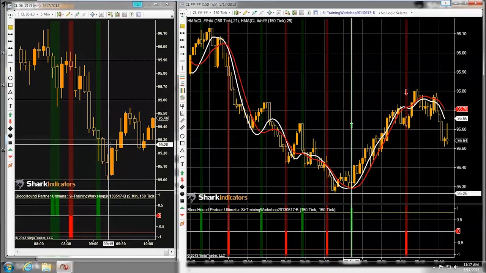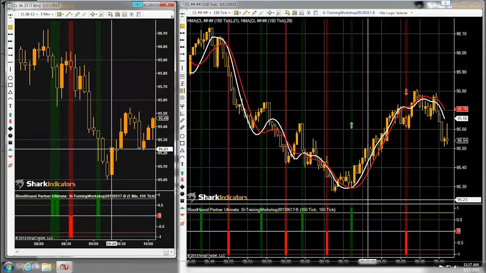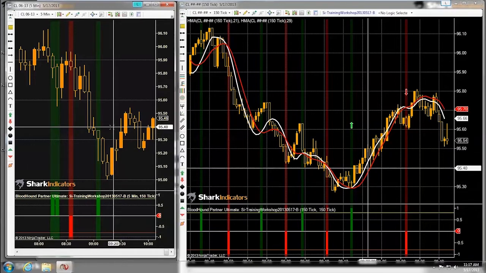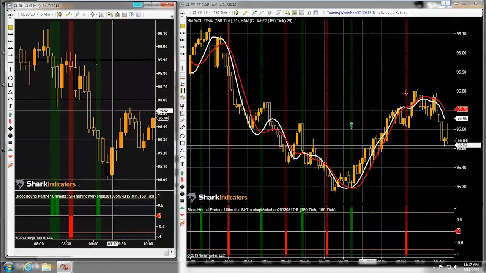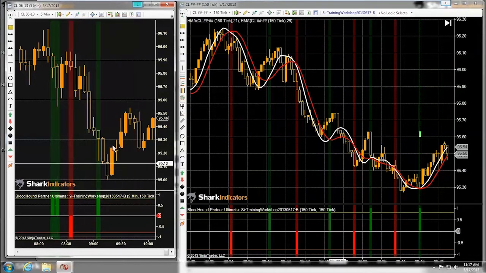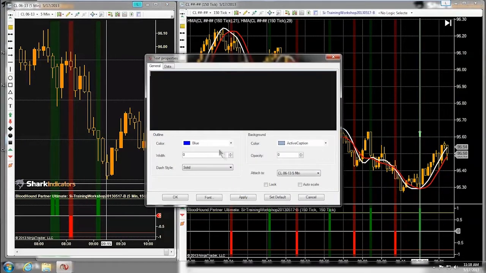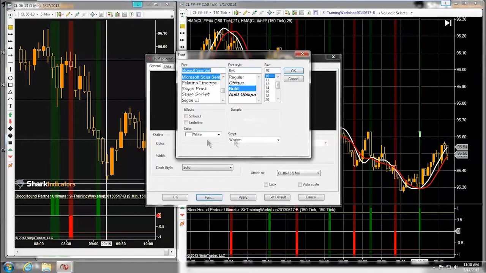So let's take a look at this bar here. This bar closes at 9:15, and this one's at 9:20. Let me put a little piece of text on here. Text is F12. The color is white. Good.